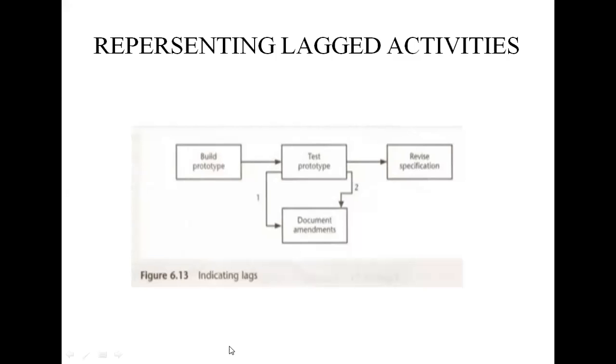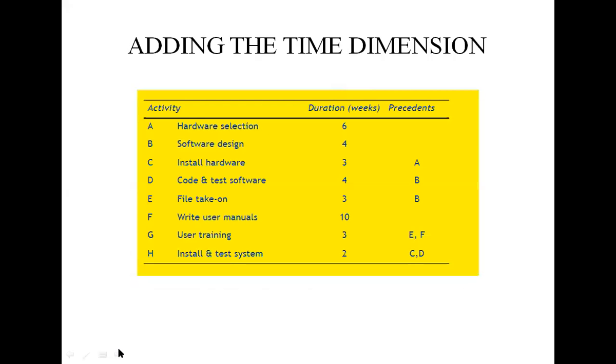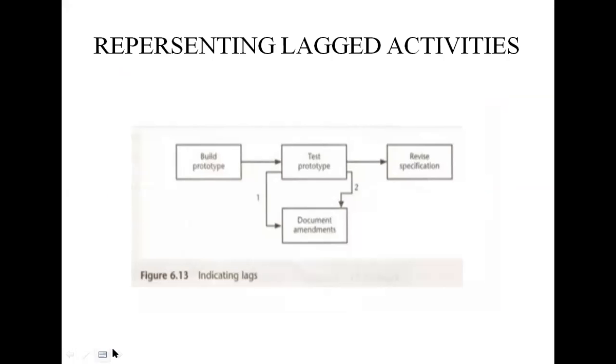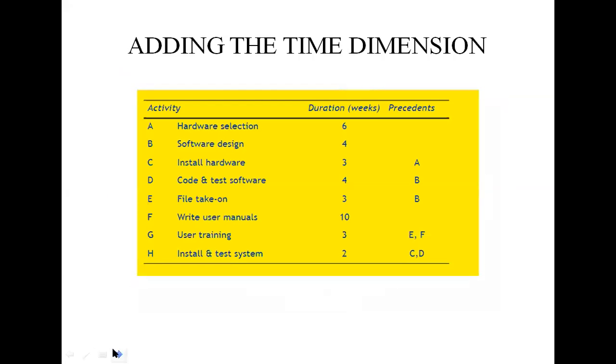Next we move to the next topic, adding time dimensions. In the critical path approach, we plan the project in such a way that it is completed as quickly as possible, and we have to identify delayed activities.